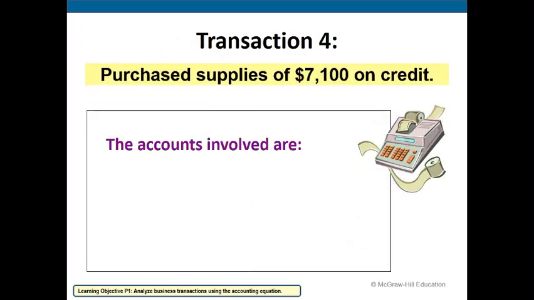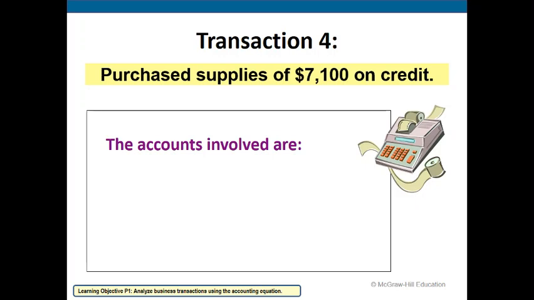Transaction 4, we purchase supplies of $7,100 on credit. Okay, so what are the accounts involved here? Well, we're adding $7,100 to our supply asset account. What's the other account that's affected here? Well, it's going to be something called accounts payable because we're purchasing this on credit and it's going to be paid sometime later.